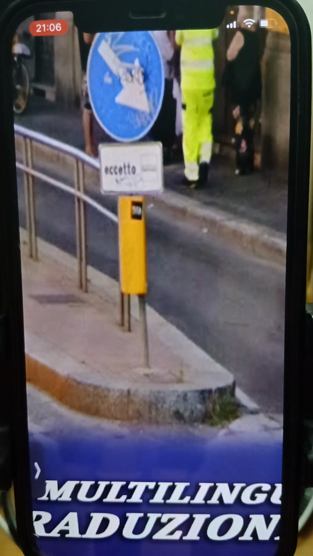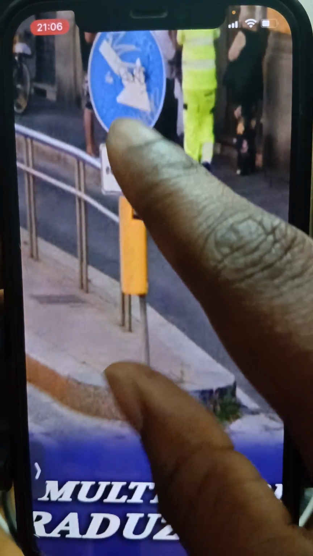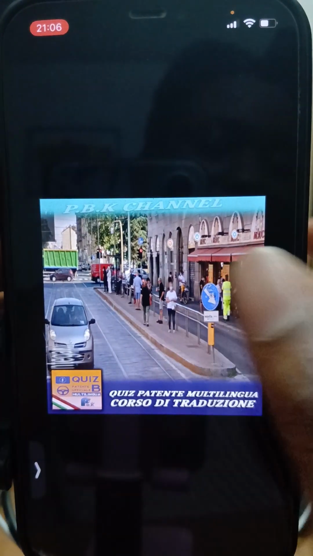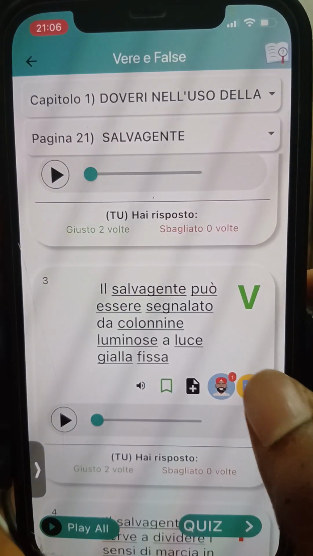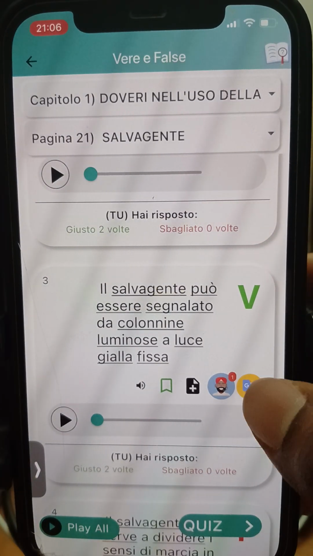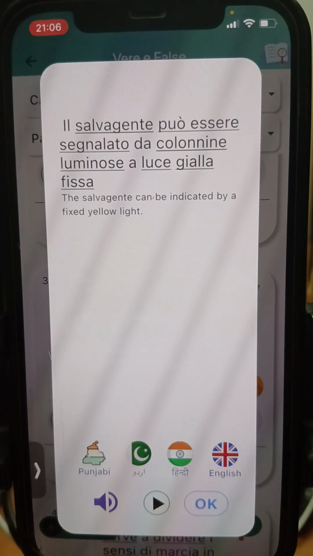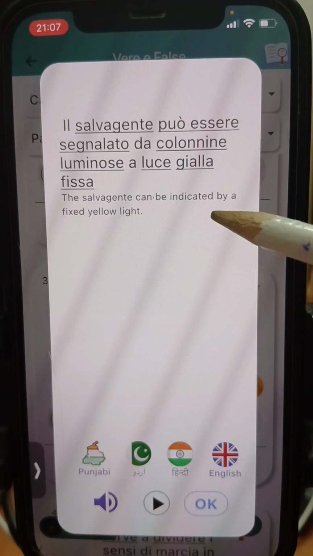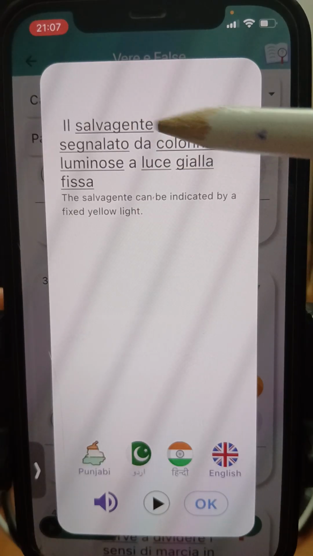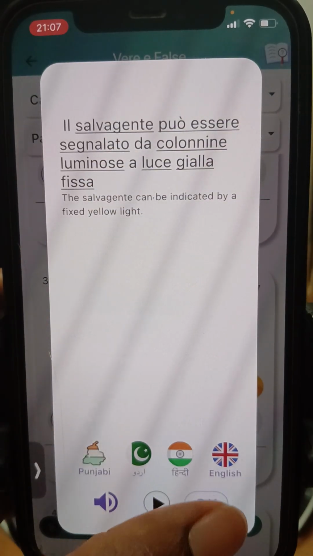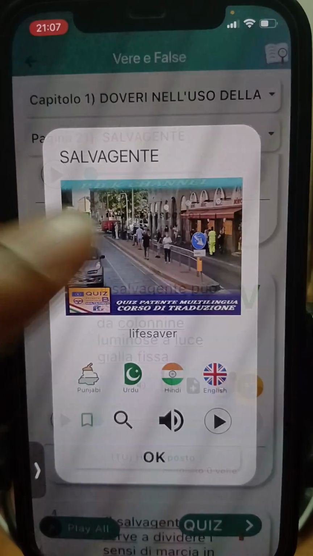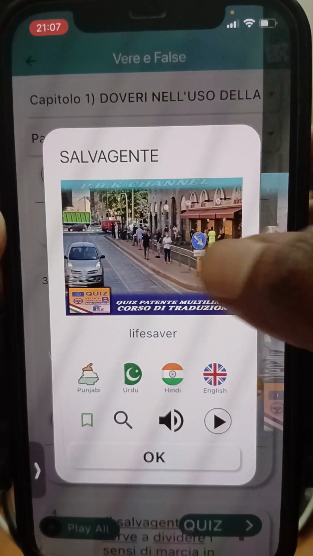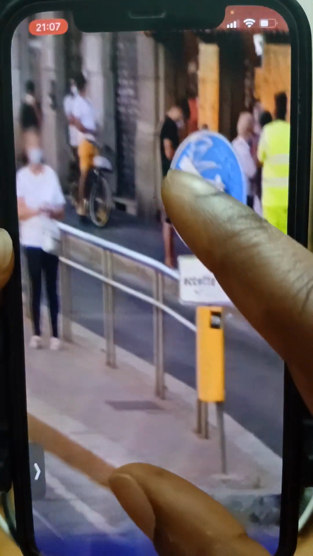This yellow thing here is a bright yellow light. At night it is very bright and it shines. So the salvagente can be indicated by a fixed yellow light. Have you seen it? It's the thing I just showed you, which is very, very bright at night.